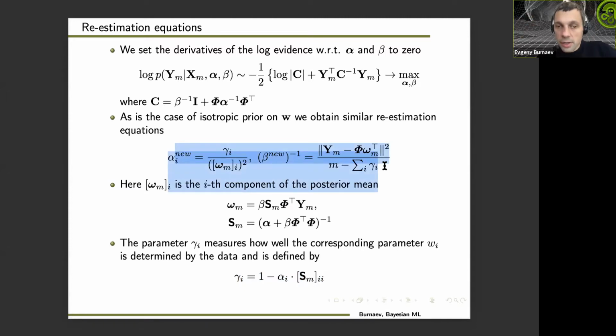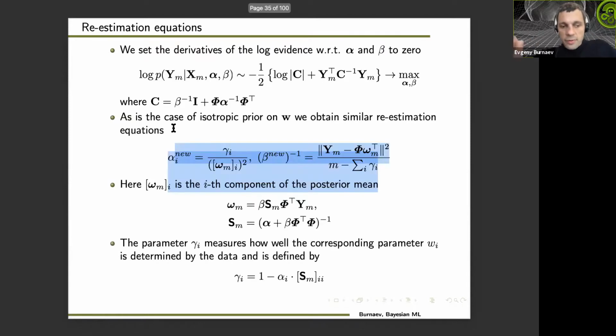The algorithm of iterative optimization is the same. We somehow define initial values for parameters alpha and beta, and then we start to update parameters one by one using these equations. Of course, again, the result depends on the initialization. The functional is not convex, and so we cannot guarantee that we converge to the global optimum, but in practice, usually this works quite efficiently.